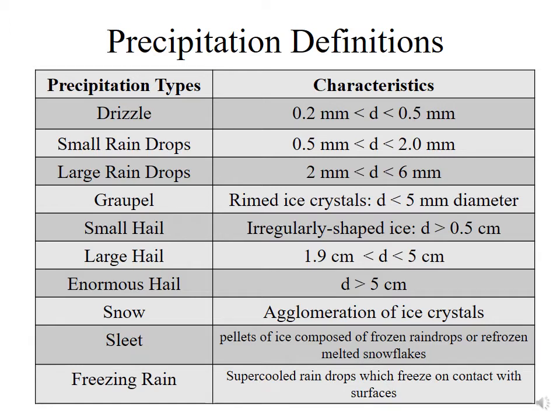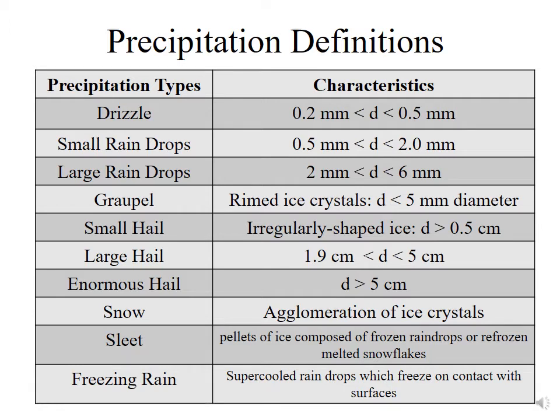And that graupel serves as an embryo for hail. And small hail, which is irregularly shaped ice, has a diameter greater than about 0.5 centimeters up to about 1.5 centimeters. And large hail is between 1.5 centimeters and 5 centimeter diameter. And then we have enormous hail, which is very rare but extremely dangerous. It has diameters greater than 5 centimeters.